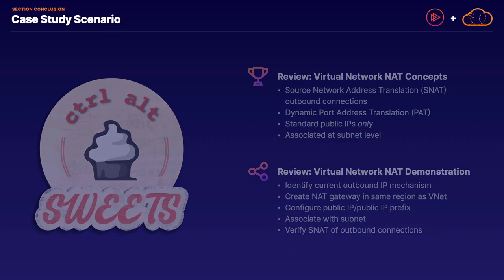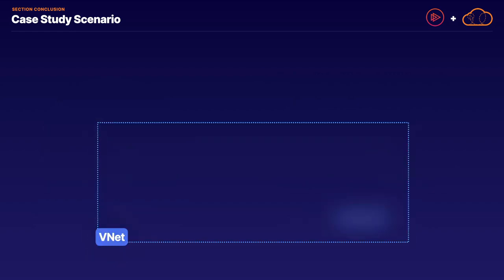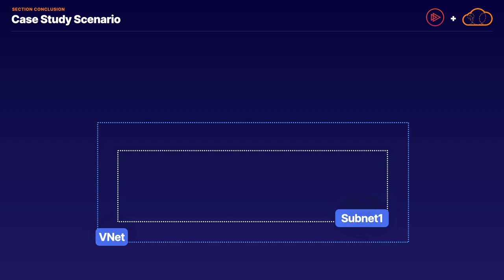So for our case study scenario architecture here, for the first part, we have our virtual network. And inside of this virtual network, let's say we have a subnet. And this subnet has an application gateway where we are using this as a public endpoint with a public IP address. It is balancing traffic for resources that are off in, say, another subnet.